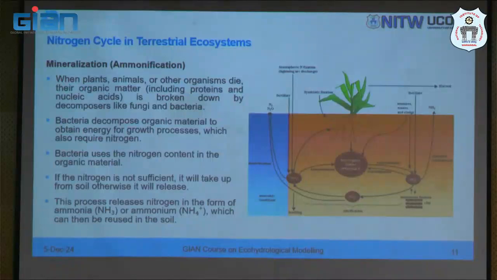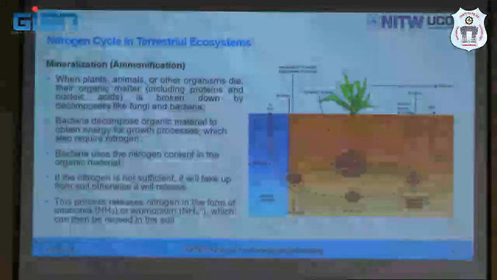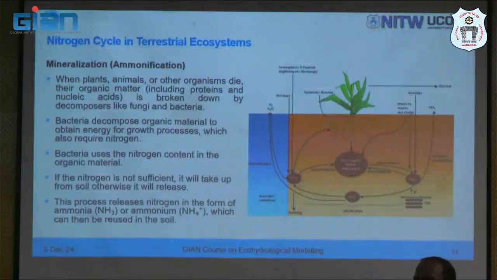So whatever nitrogen it is trying to utilize to break this organic material into carbohydrates or glucose, it takes from the organic material itself. Now let's say that organic matter is lacking in nitrogen. So the bacteria will start utilizing the nitrogen sources from the soil. It will take that additional nitrogen requirement from the soil itself.